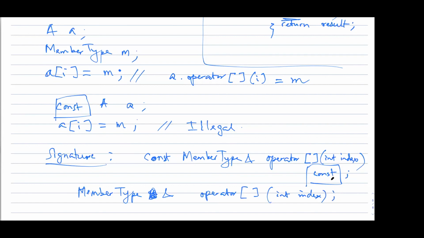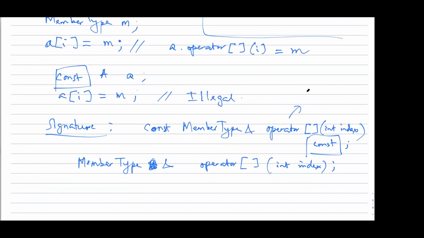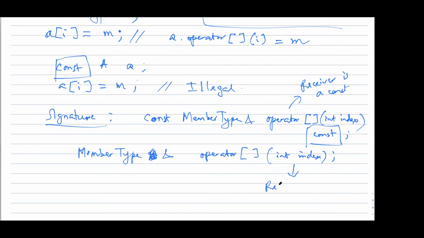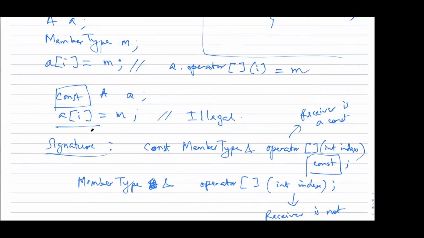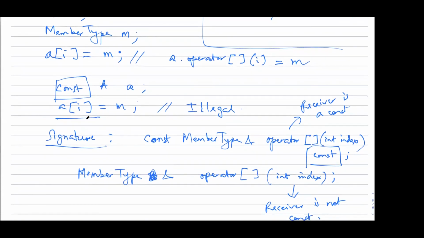So here this is not const, so here the receiver is a const, here the receiver is not const. So you can see here when you're doing A[i] = m, the receiver in this case is a const, so it's going to invoke this particular function. When the receiver is a non-const, it's going to invoke this particular function.